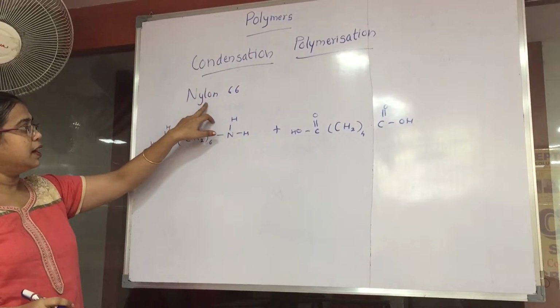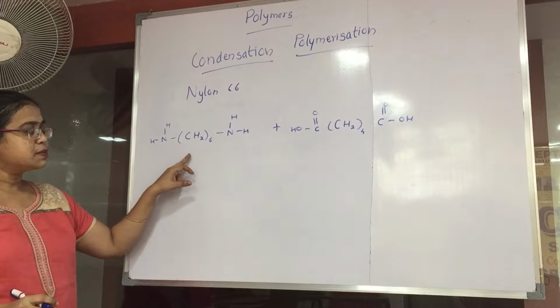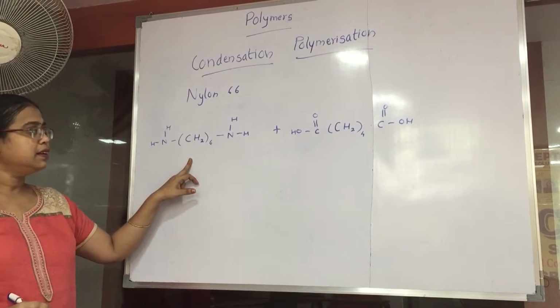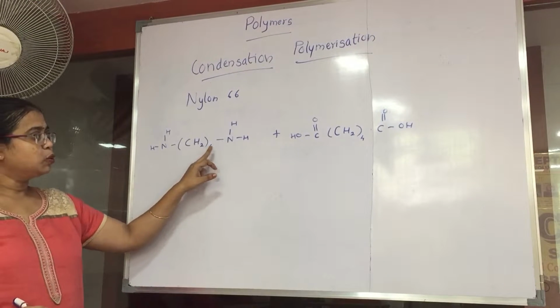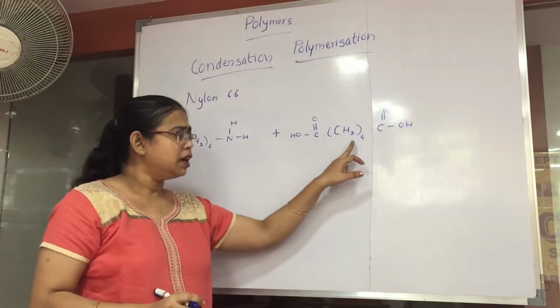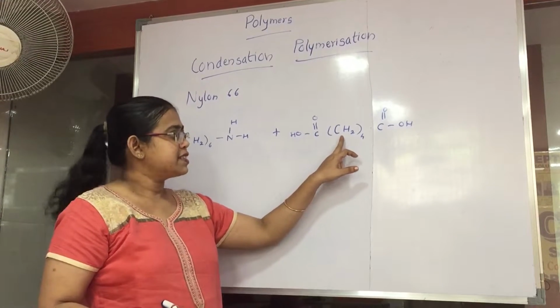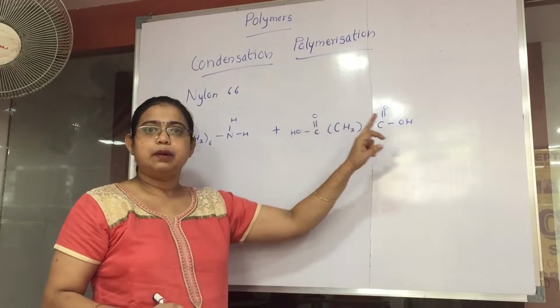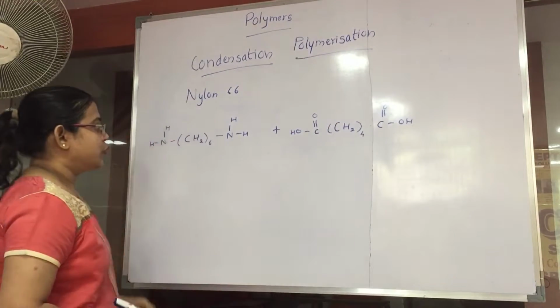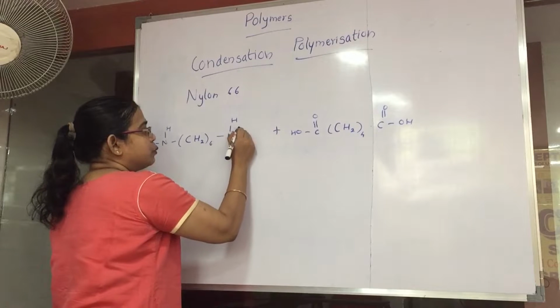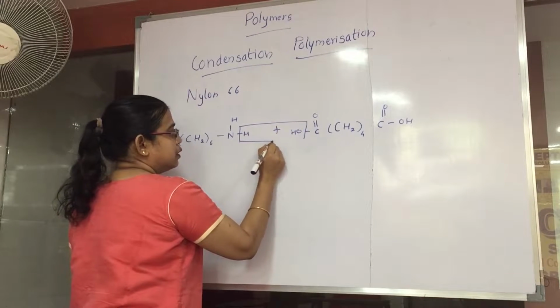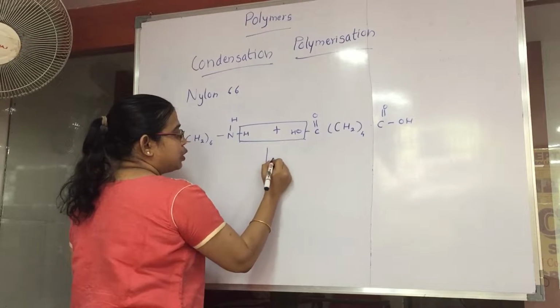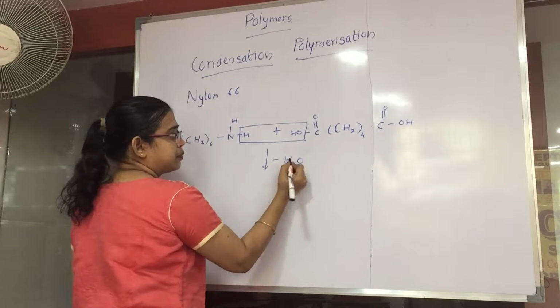The example is nylon 66, in which the first monomer is hexamethylene diamine, 6 methylene groups and 2 amino groups. The other monomer is adipic acid, which has again methylene group but 4, and we have carboxylic acid groups at 2 ends. So when we do polymerization of this, we have removal of water from here. So when we join these 2 molecules, we have removal of water.